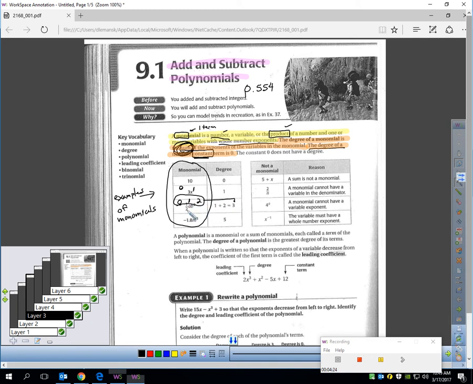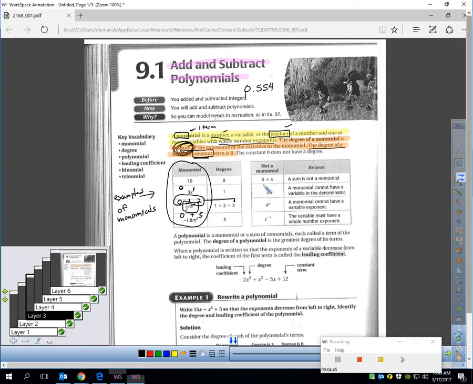This is a third degree monomial. And on the bottom, negative 8.5 m to the 5th power. This is a 5th degree monomial. Here's why. The number negative 8.5 has 0 degree, but m is 5th degree. 0 and 5 add up to 5th degree. That's how you find the degree of your monomial.